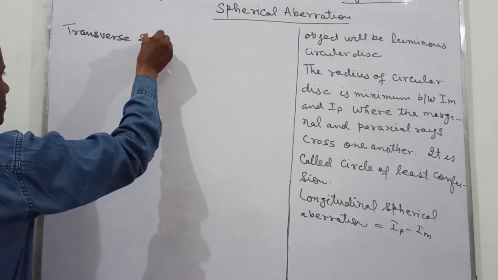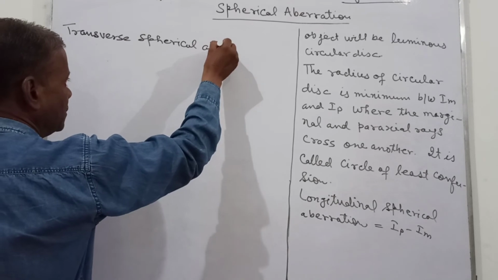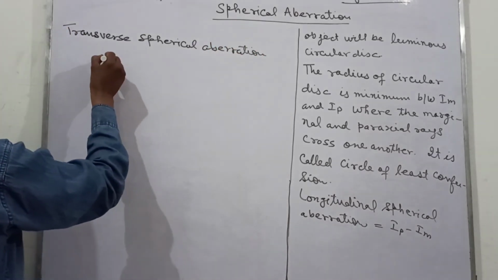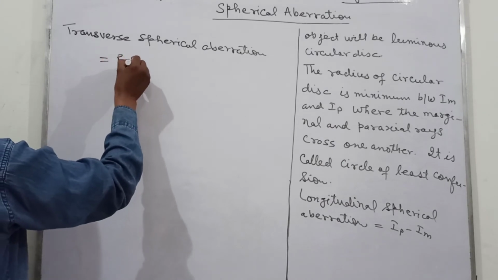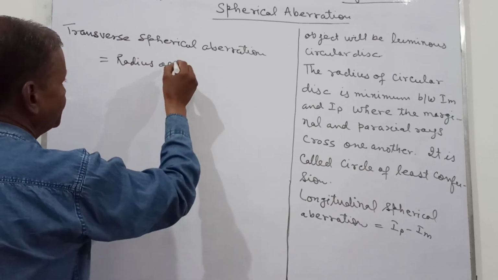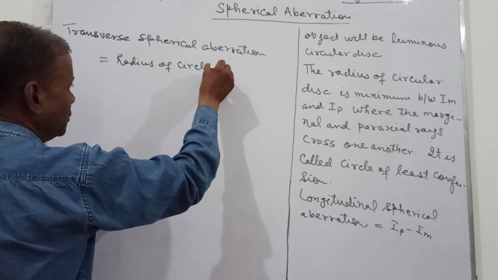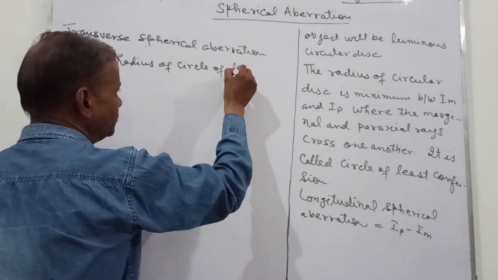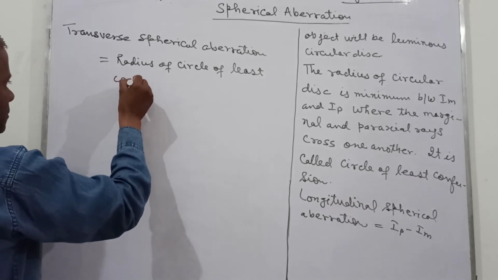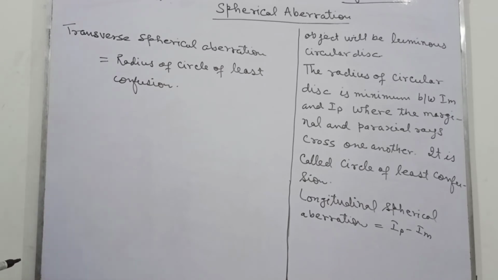Transverse spherical aberration is equal to the radius of the circle of least confusion.